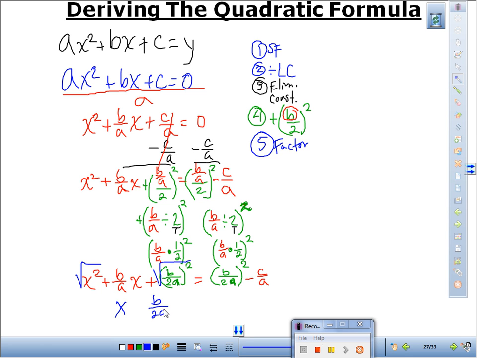What is the sign for the middle term? It's a plus, so therefore this could be written as squared. And I bring this down. What is b squared? B squared. What is 2a squared? 4a squared. And I bring down the negative c/a. Copy that, please.